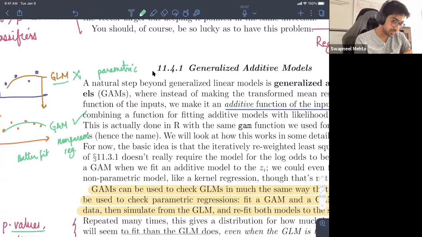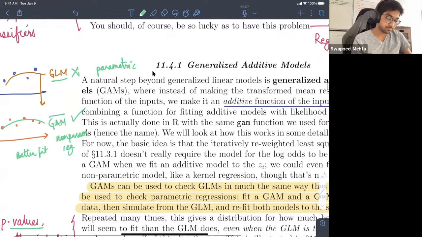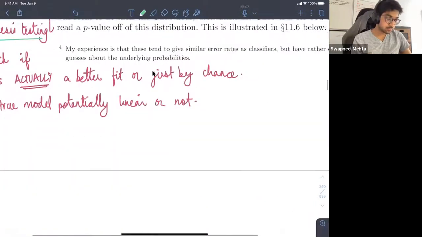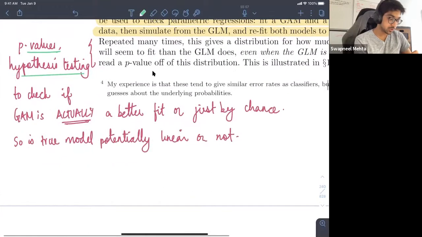This does not mean this is parametric and non-parametric, but just that this is a superclass and this is a subclass. So we can use a superclass to test a subclass because the superclass is going to contain that model anyway, but also a lot of other models. So the hypothesis testing is just to check if the GAM is actually a better fit or just by chance.